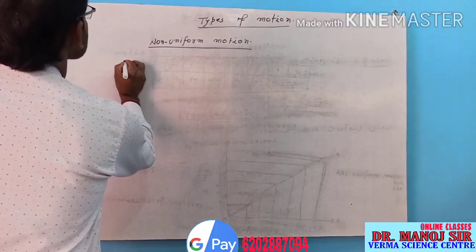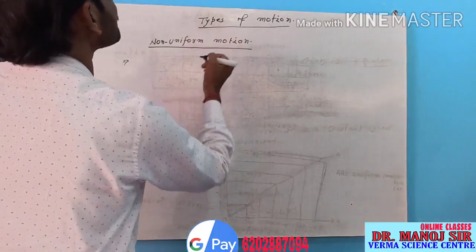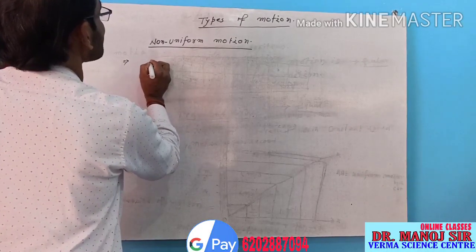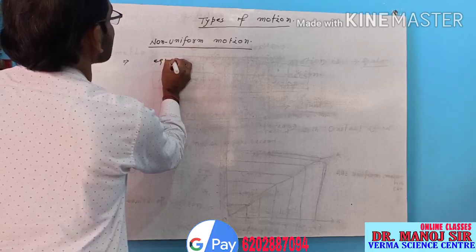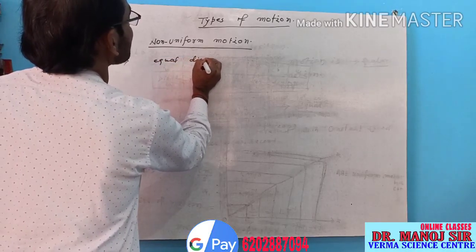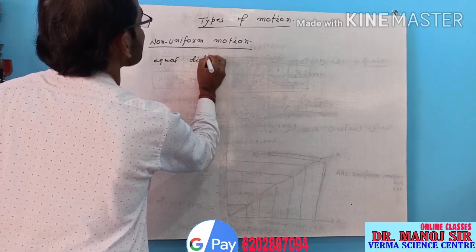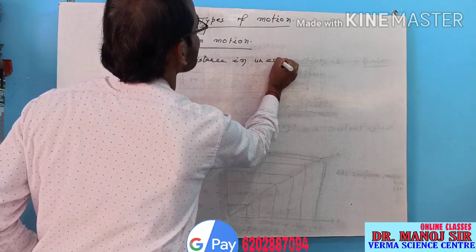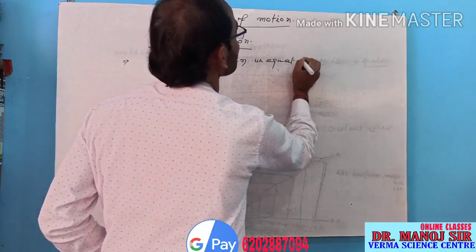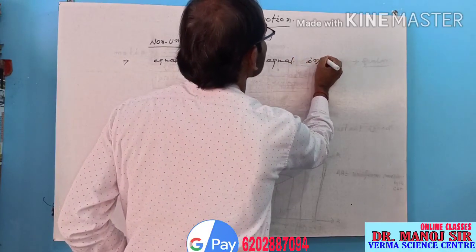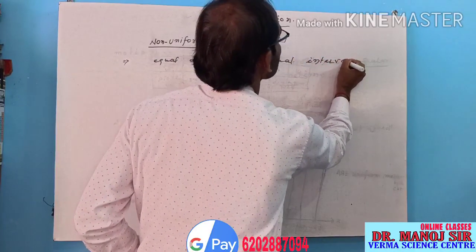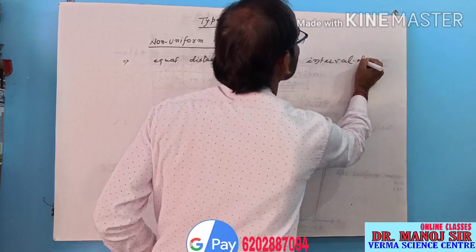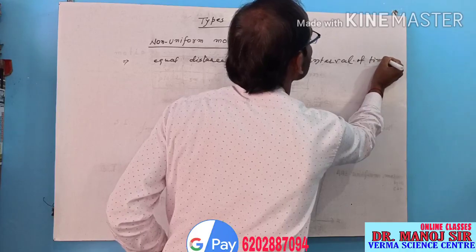It means a body is said to be in non-uniform motion if it travels equal distance in unequal intervals of time.